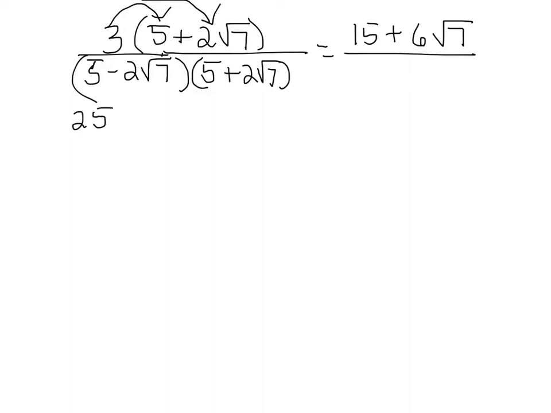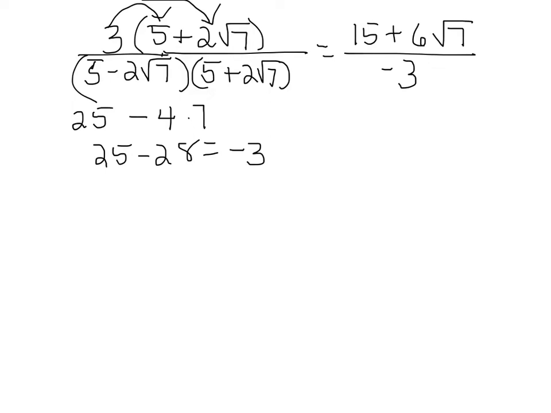Outer and inner are going to cancel out because they would be 10 root 7 and negative 10 root 7. And last gives me minus 2 times 2 is 4, and root 7 times root 7 is 7, so it's 25 minus 28, or negative 3. And we put that right here.